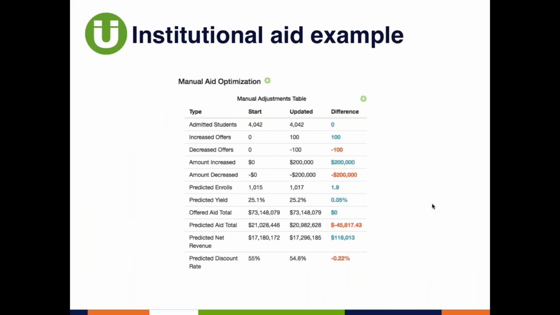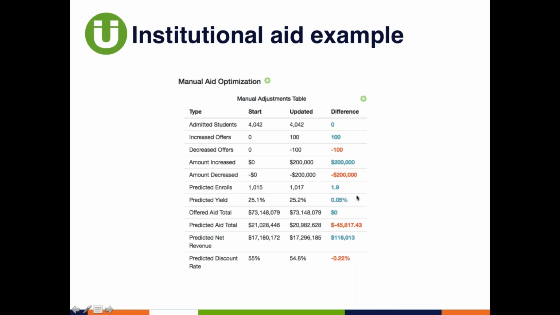Yeah. So here's a screenshot, an example of what you're talking about. A screenshot from one of our financial aid models, and in this case, we were predicting again that they were going to get 1,015 students.